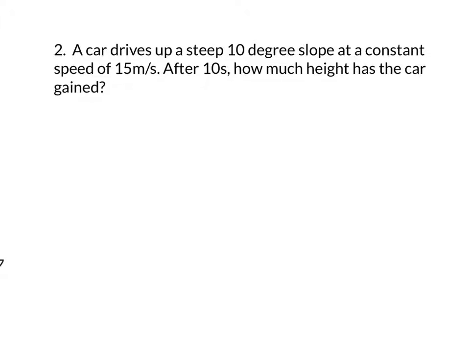So let's draw this. Let's draw a 10-degree slope. A 10-degree slope is actually probably less steep than that. And the car is driving this way at a speed of 15 meters per second.